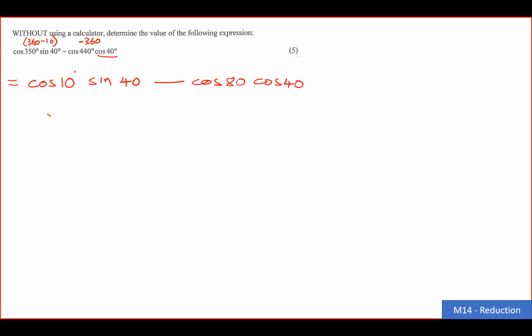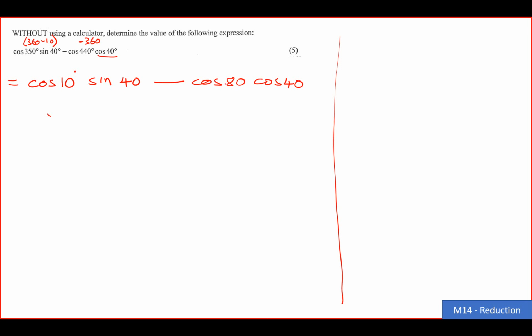So if we inspect this, let's quickly write down the compound angle expression for cos, or we could write it for sine. Since we have more cos's on this end, and if we look at the first term, it's cos 10 sine 40. Now we need our angles to match.